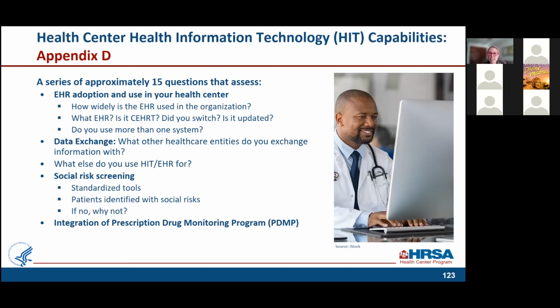This means it's asking whether the health center is screening for social risk beyond income, insurance, language barriers, intimate partner violence, and human trafficking, as these are already reported in Table 4, Table 3B, and Table 6A respectively.